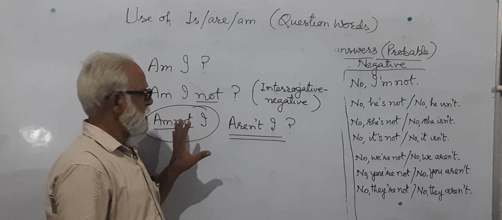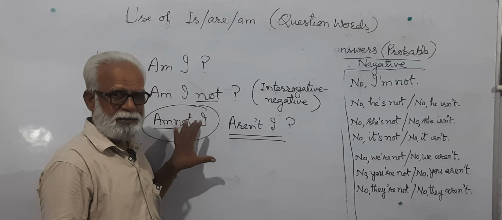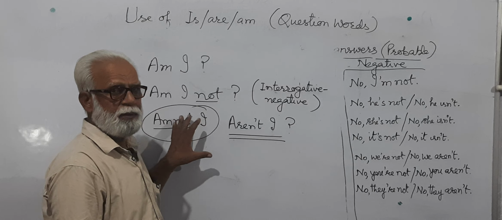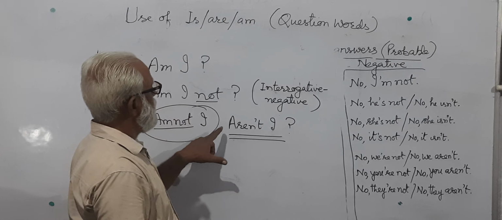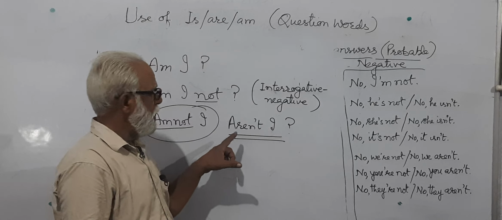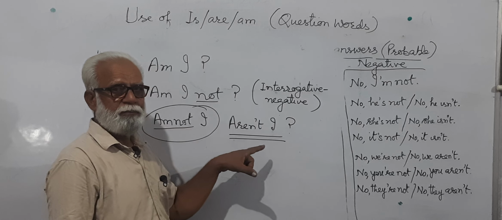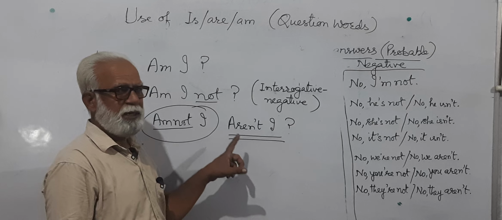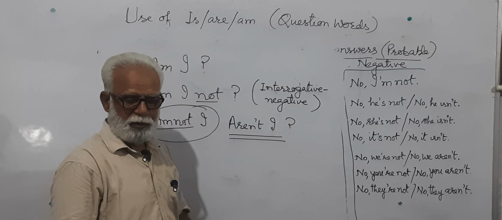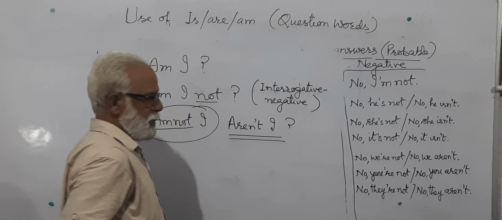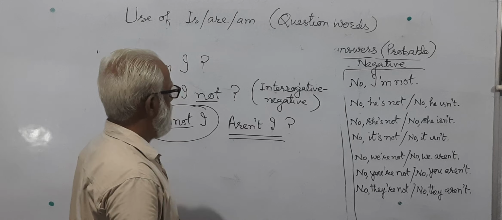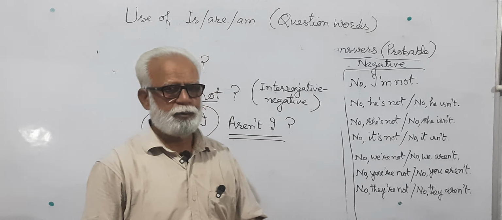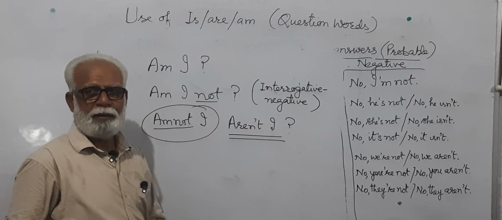This sentence is not recognized, not accepted. What is accepted is aren't I. Remember this specially. I have taken this from your English grammar. Then other sentences are very simple as usual.